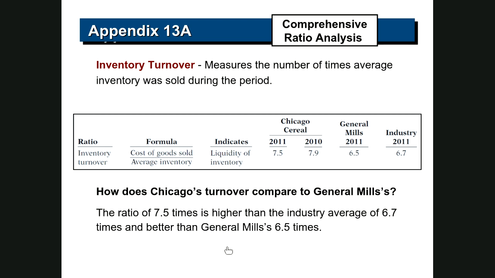7.5, what does this number tell us? This number tells us that they buy the inventory, from the money that they get, they buy again, and then they sell.